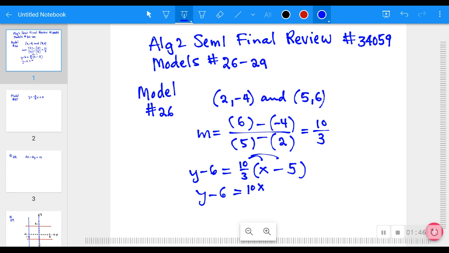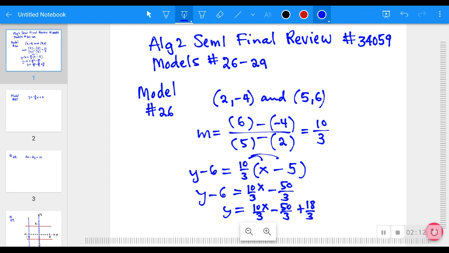10/3 x, and then it'll be minus 50 over 3. And we'll add 6 to both sides. So you get 10/3 x, and then that minus 50 over 3. But the 6 that I'm bringing over, minus 6 becomes plus 18 over 3. That's also 6.